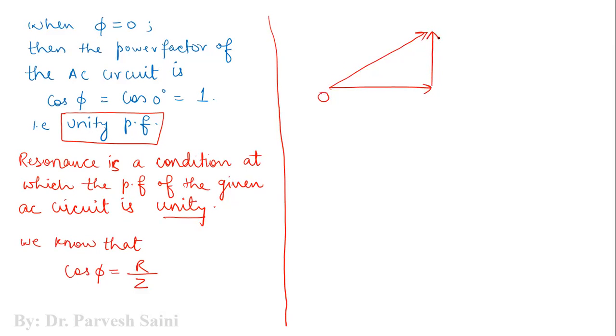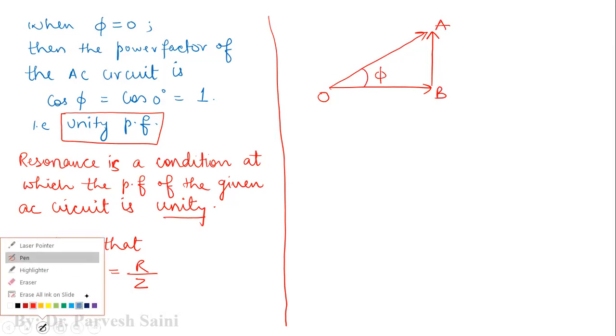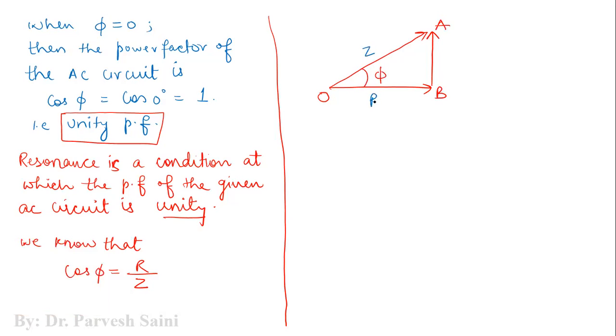If this is, let us say, O, this is A, and this is B, and this is angle phi, and we have the parameters Z, R and X, where X is the reactance, then OB upon OA is nothing but cos phi in this triangle OAB. So cos phi is equal to R upon Z.